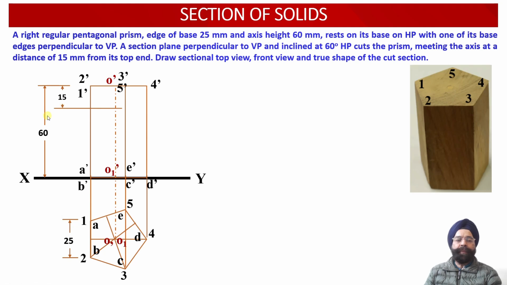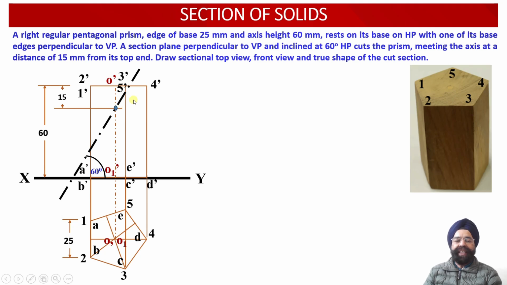Now on the axis, this is the point from where the cutting plane is going to pass through this pentagonal prism. Now we draw an auxiliary inclined plane inclined at an angle of 60 degree with respect to the horizontal plane, passing through this point on the axis, which lies 15 millimeters below the top face of this pentagonal prism.